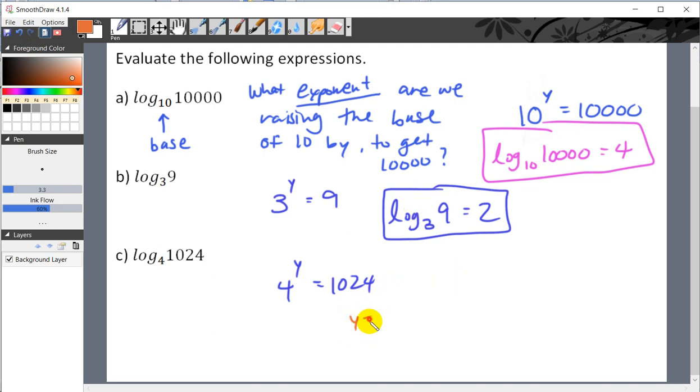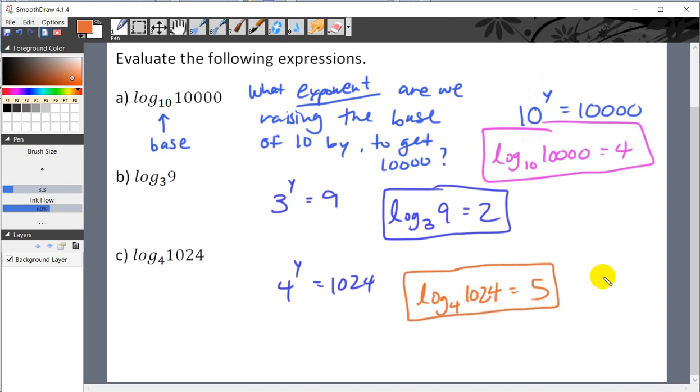So y is equal to 5. In other words, log base 4 of 1024 is going to equal 5. These are just some general examples first, before we dive into deeper content.